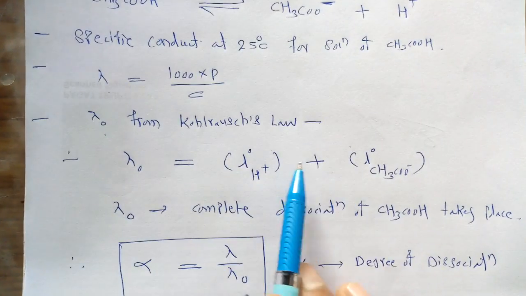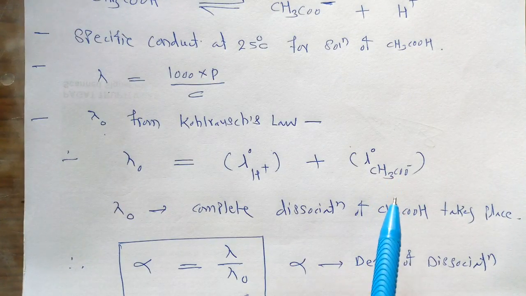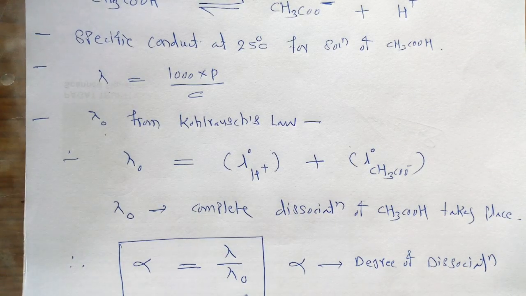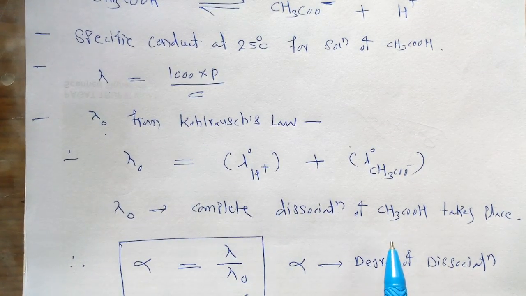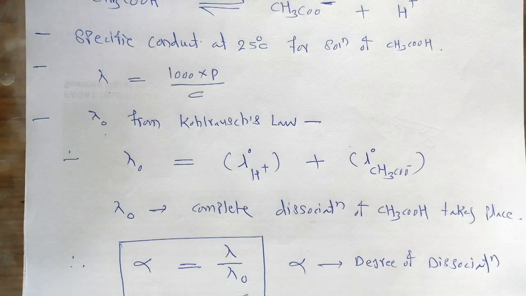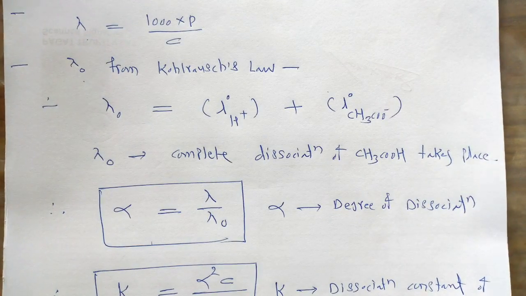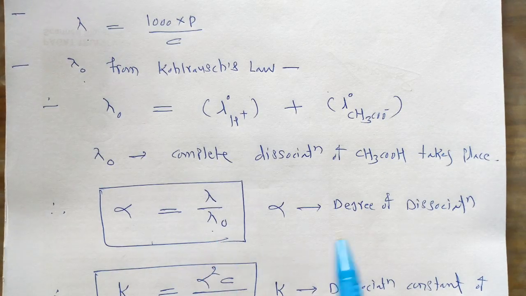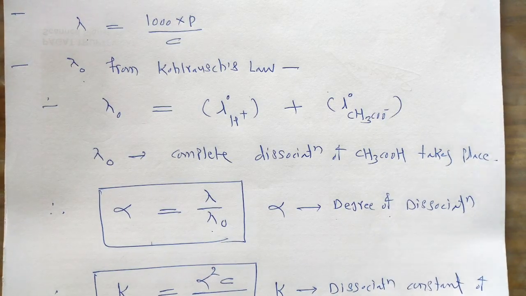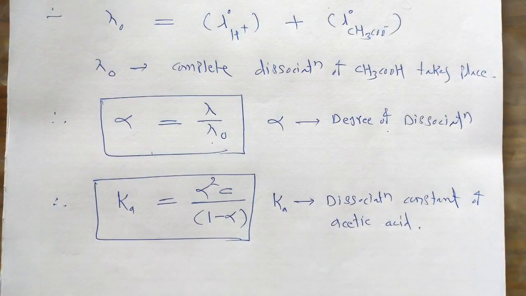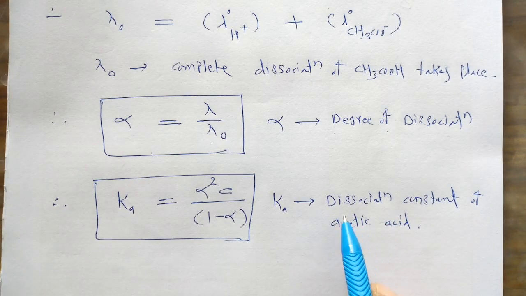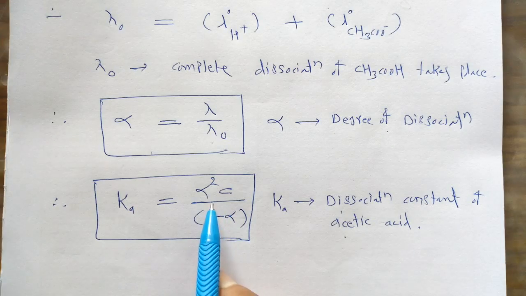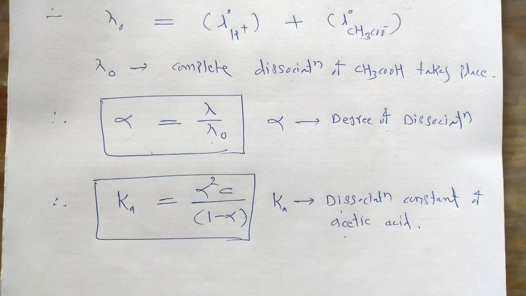At this lambda 0, complete dissociation of acetic acid takes place, and from this we calculate alpha, the ratio of equivalent conductance to equivalent conductance at infinite dilution, called the degree of dissociation. Once we calculate this, we may calculate Ka, the dissociation constant of acetic acid, that is Ka is equal to alpha square into C divided by 1 minus alpha.